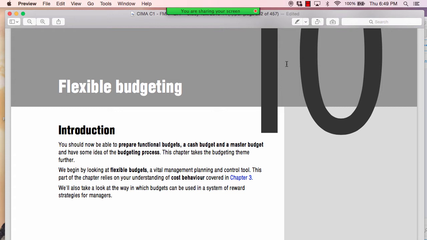Now, what do I mean by environmental conditions? Give me an example. What do I mean by environmental changes? What? Sorry? The business environment? Correct, business environment.